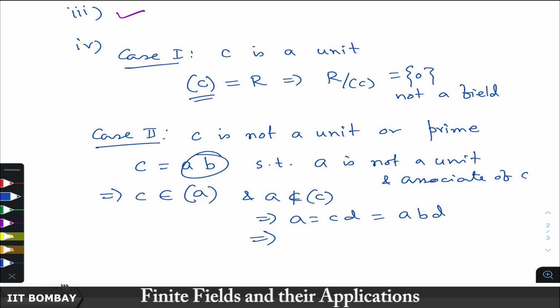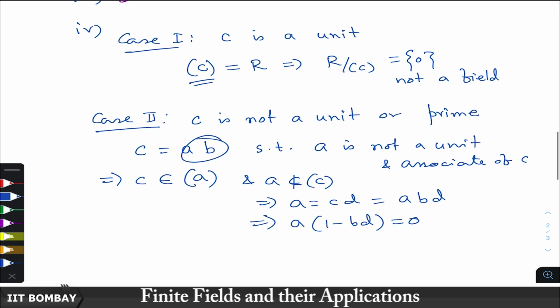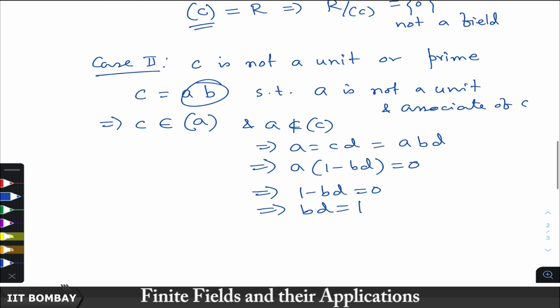Now, bringing to the same side, we get A times (1 minus BD) is 0, but this is a principal ideal domain. In particular, it is an integral domain, which means this will imply 1 minus BD is 0, because A is non-zero. Now, that means BD is equal to 1, that means B is a unit.